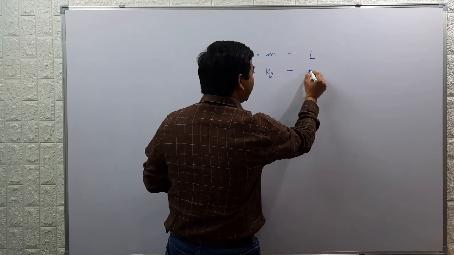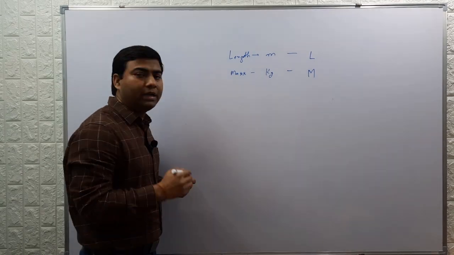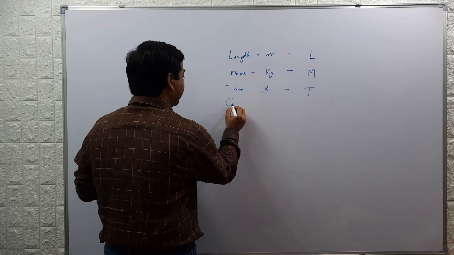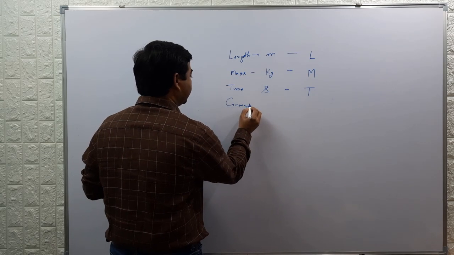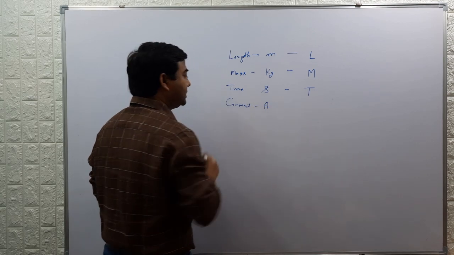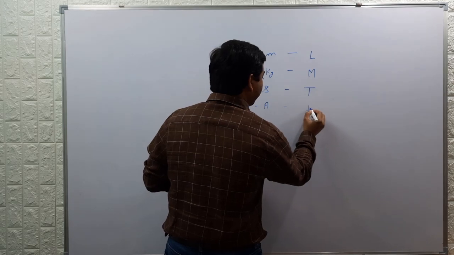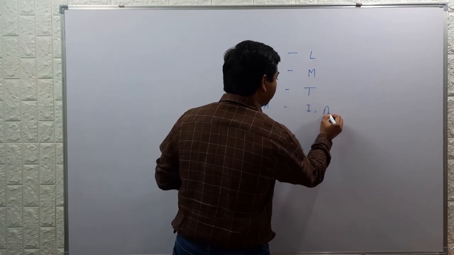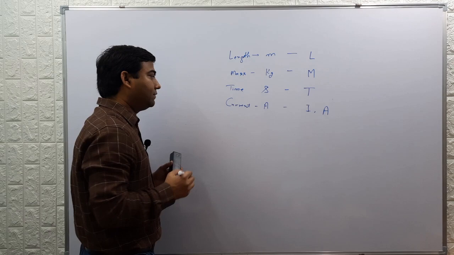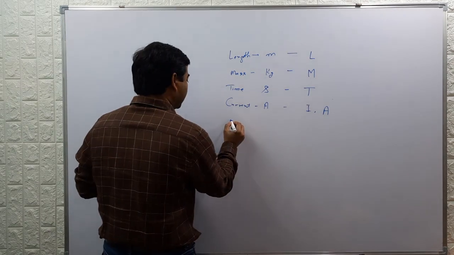In dimensional formula, it is represented by M. Next, current: we know its unit is ampere, and it is represented by I, and sometimes it is also represented by A itself.